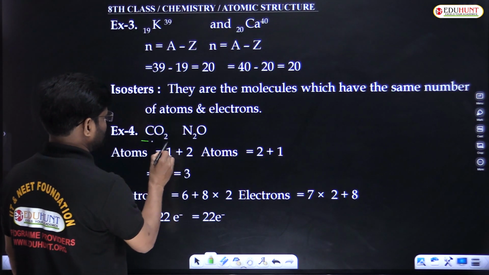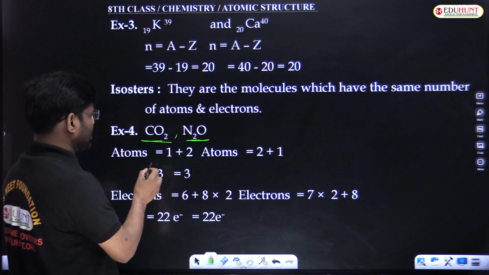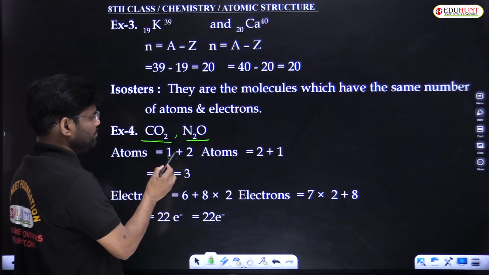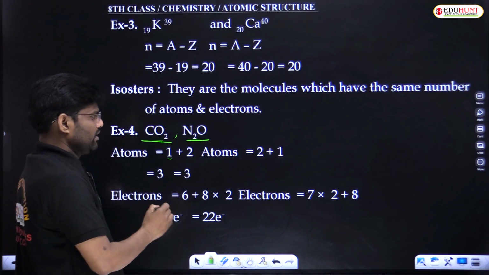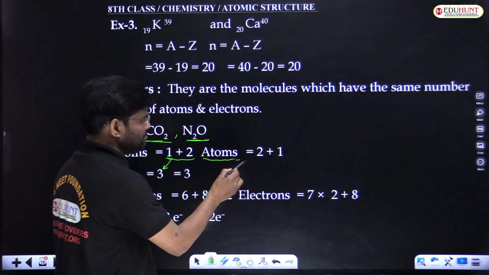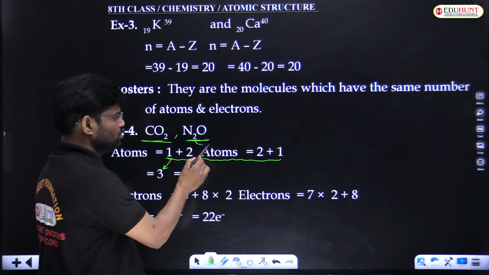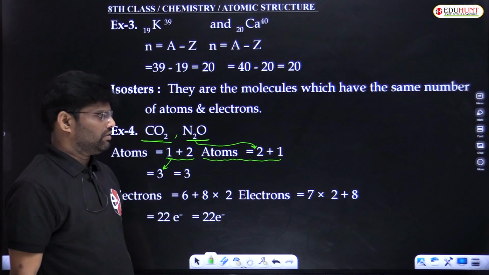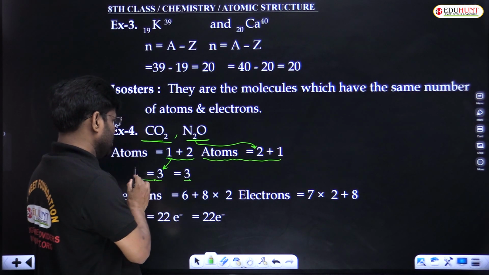This is the example: CO2, carbon dioxide, and N2O. Here the number of atoms: carbon 1 and oxygens 2, 1 plus 2, 3. In this one, nitrogens 2 and oxygen 1, so 2 plus 1, 3. So these two are equal in number of atoms.